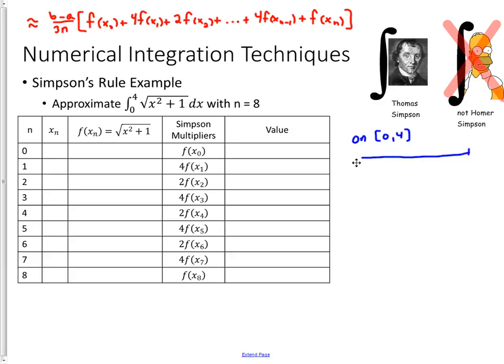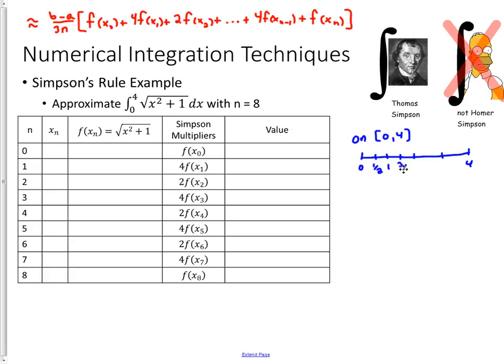We're starting at 0 and we're ending at 4, and we have 8 divisions. Well, it would be easy if we had 4 divisions, right? Because if we had 4 divisions, we would say 0, 1, 2, 3, and 4. But we've got 8 divisions right here, so what does that mean? Well, each of those divisions go by halves, right? Because we have 8 halves, that gives us 4.